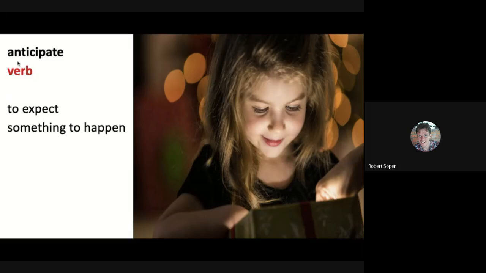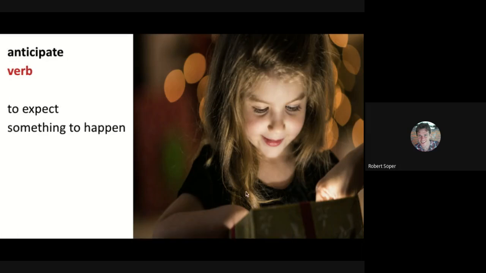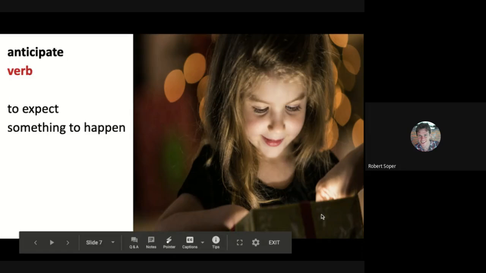This word is anticipate. Anticipate is a verb. It means to expect something to happen. So, looking at this picture over here, what do you think this girl anticipates? Well, as you can see, she is opening a gift.